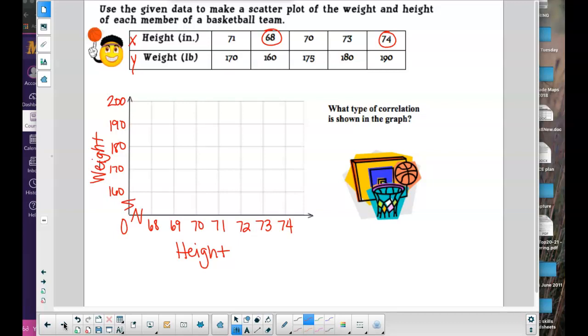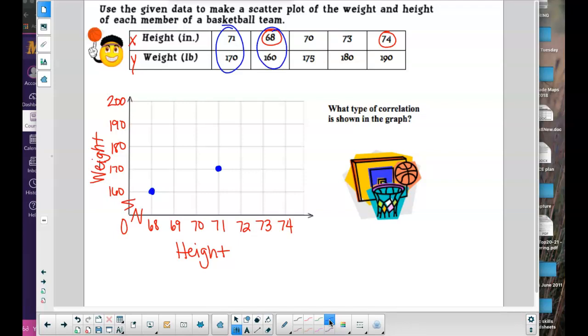Now we're going to plot our points. So we're going to start with this first one. The first basketball player was 71 inches tall. So I'm going to go to 71, and he's 170 pounds. Put a dot there. So 71 and 170. The second basketball player, 68, and he's 160.